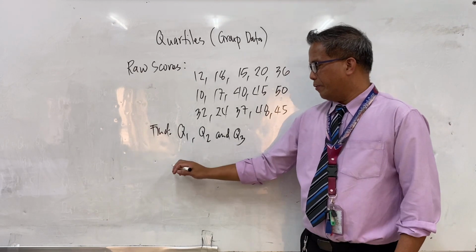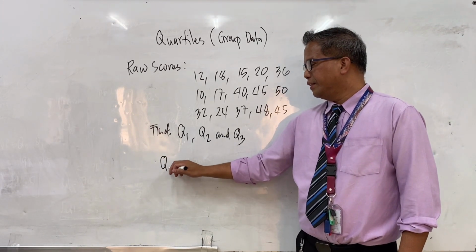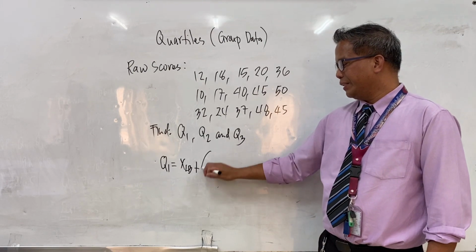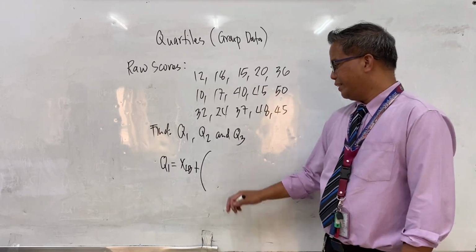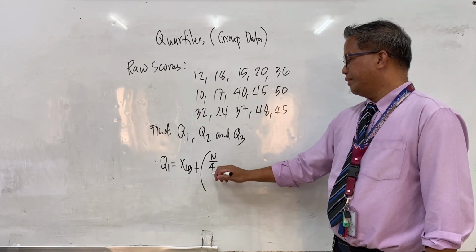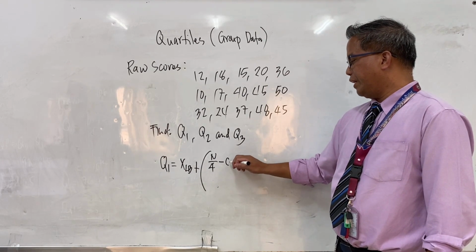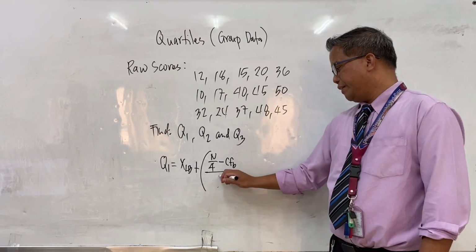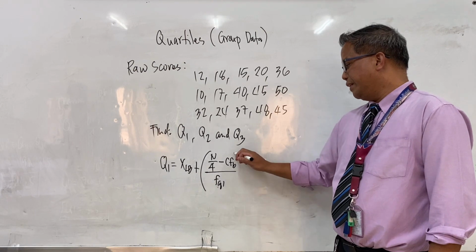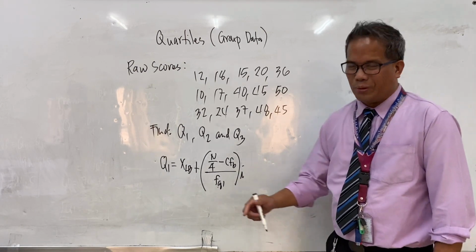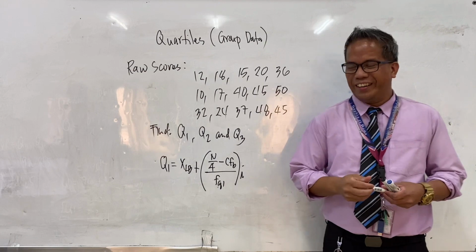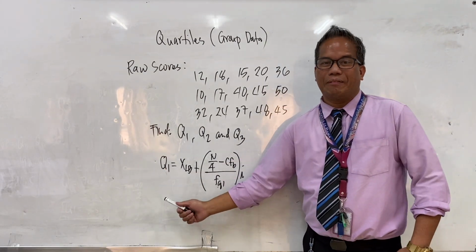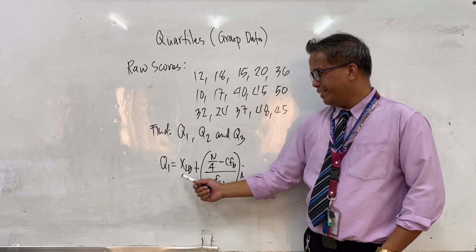But what will be the formula? So the formula for Q1 is equal to XLB plus the quantity N over 4 minus CFB, all over FQ1, times I. So what is the meaning of these terms? Q1, you know this already, is the first quartile.